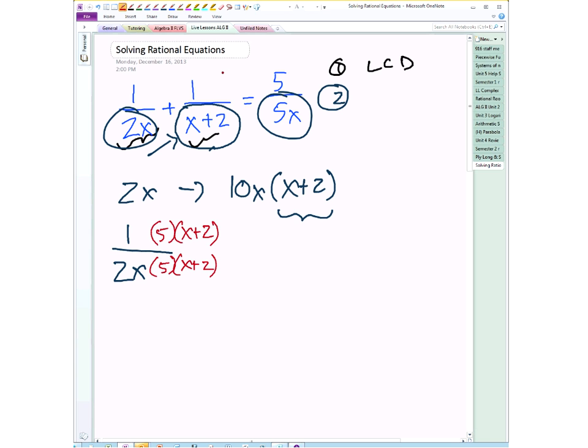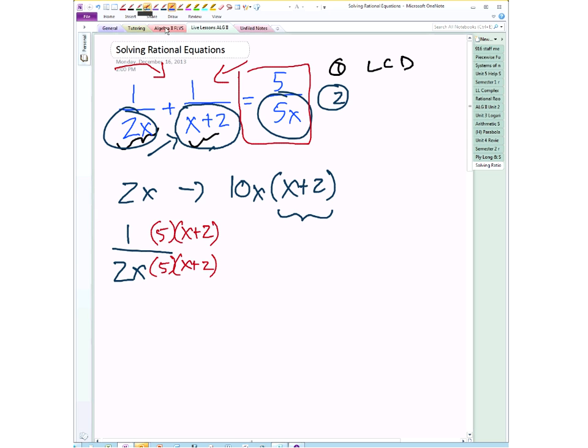Remember, guys, this was in the lesson from the week before last. We're just adding a rational expression on the left-hand side. If we ignore what's happening over here, this is something we've already learned to do: add rational expressions.